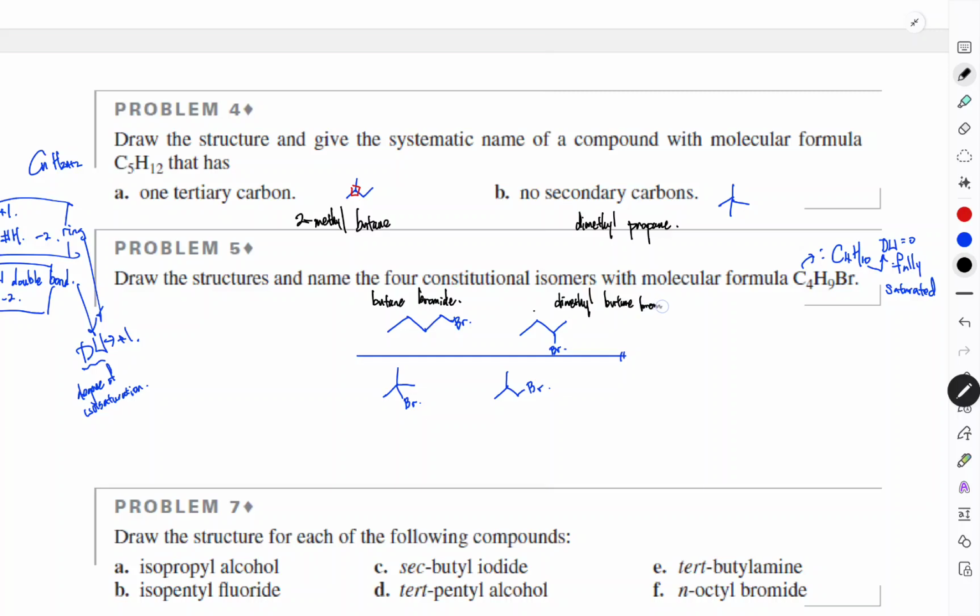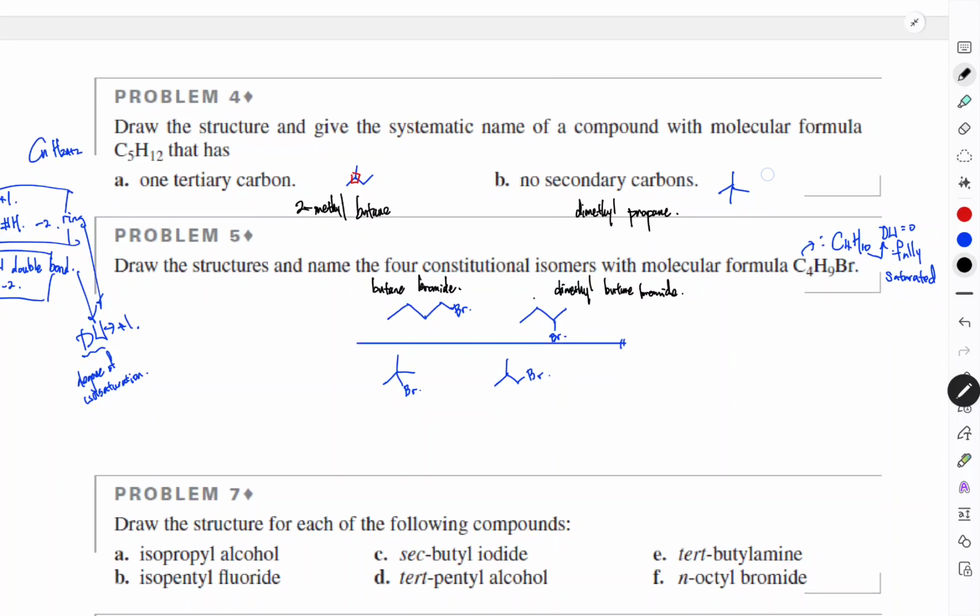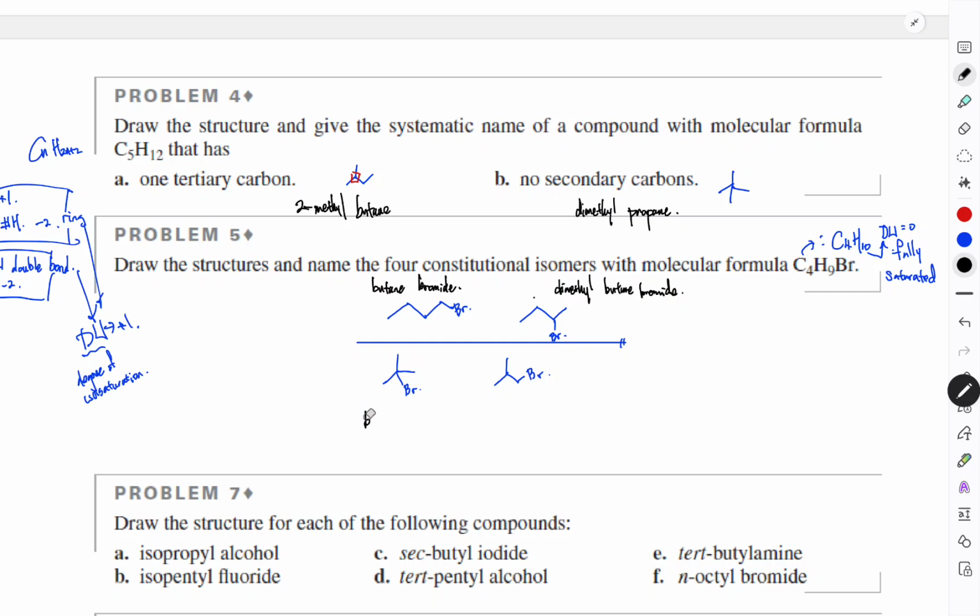The longest possible chain is 3, propane, and you have bromo and methyl groups in position 2, so it's going to be 2-bromo-2-methylpropane. So it's not difficult. Review the nomenclature rules and solve lots of practice problems.